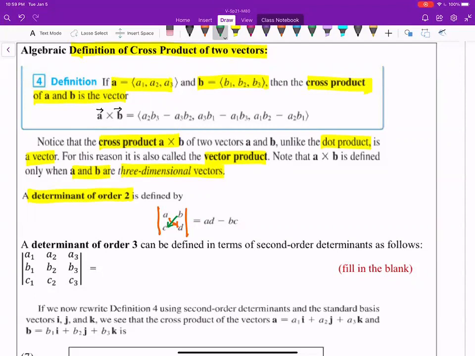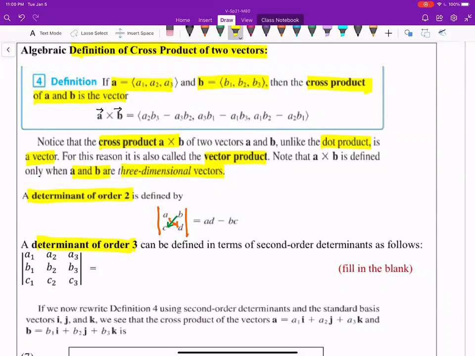A determinant of order 3, which means three rows and three columns, can be defined in terms of second order determinants as follows. When you expand a determinant of order 3, you can expand either through the first row or through the first column. We will choose the expansion through the first row.